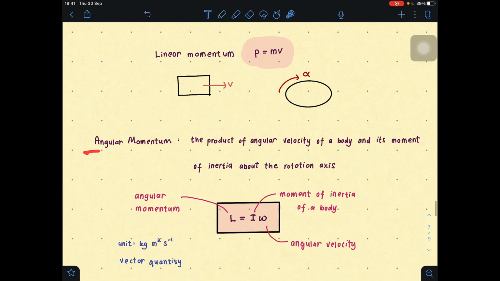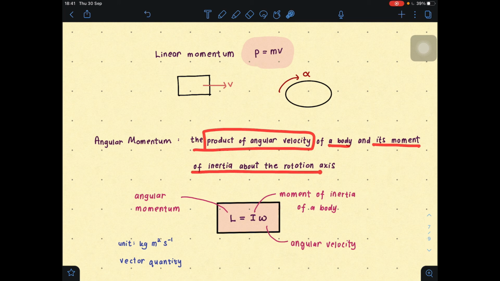Okay, so angular momentum, by definition, is the product of angular velocity of a body and its moment of inertia about the rotation axis. Here, for angular momentum we use the symbol L. So angular momentum is the product of inertia and angular velocity.